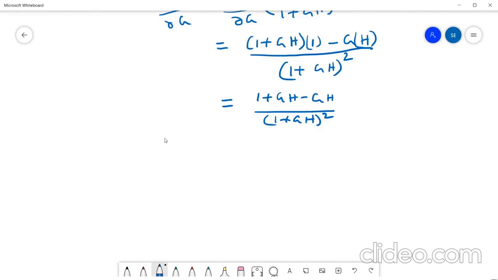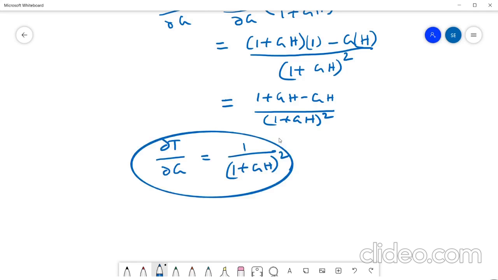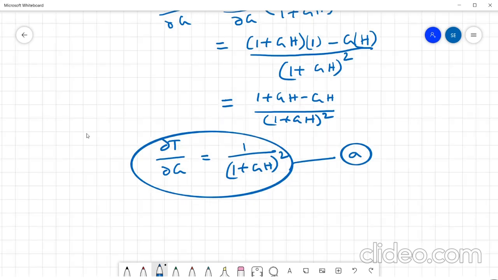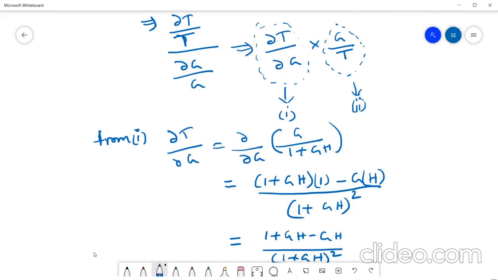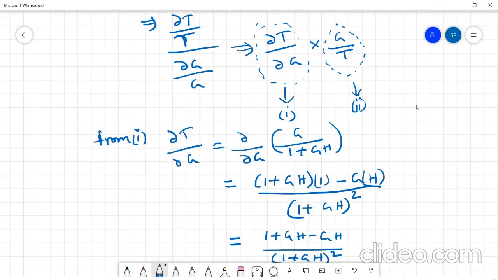So dou T by dou G is equal to 1 by 1 plus GH whole square, right? Let us consider this as A. Then we'll solve the next term, that is G by T. We have solved 1, now we are solving for 2, G by T. Now what happens if I am writing G by T?